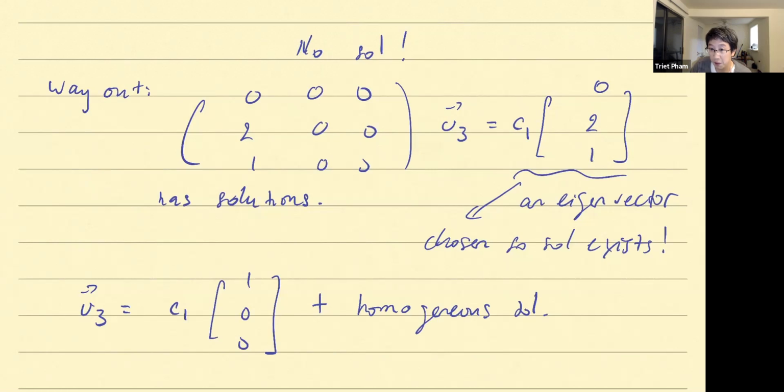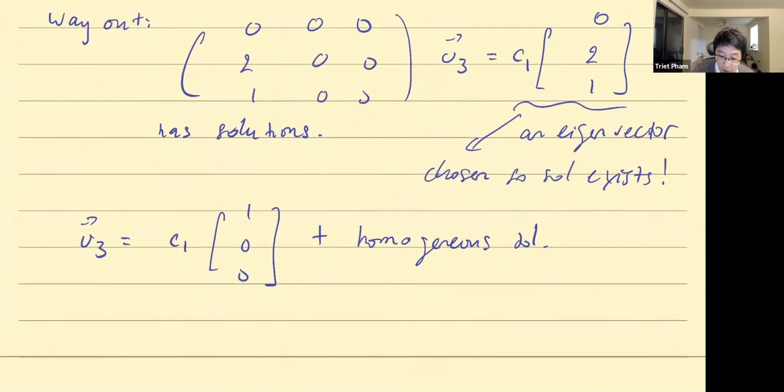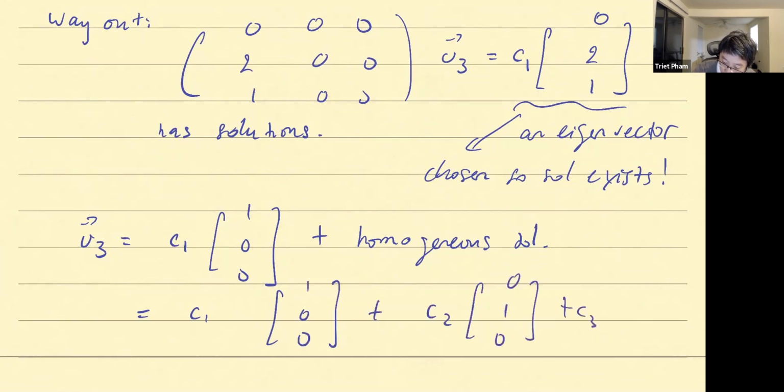Exactly. So you pick up the C2, C3 from here and not from your eigenvector. You pick up the C2, C3 from the pseudo eigenvector. So in other words, you get C1 times 1, 0, 0 plus C2 times 0, 1, 0 plus C3 times 0, 0, 1. This is your pseudo eigenvector.